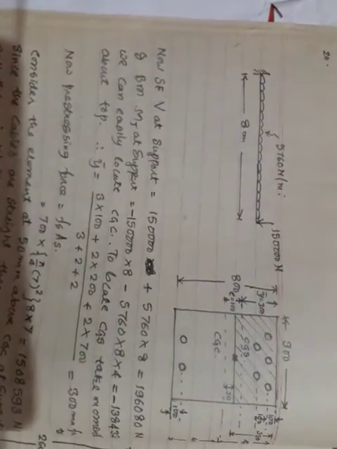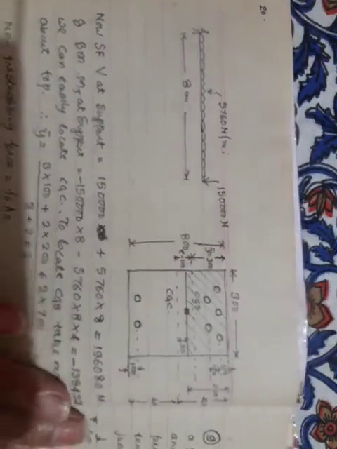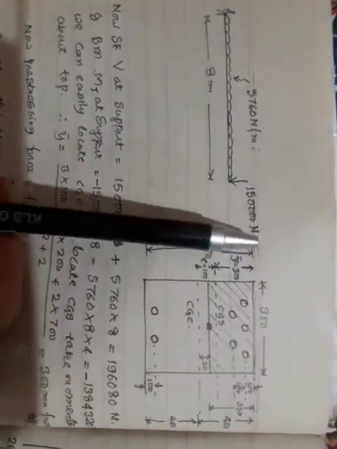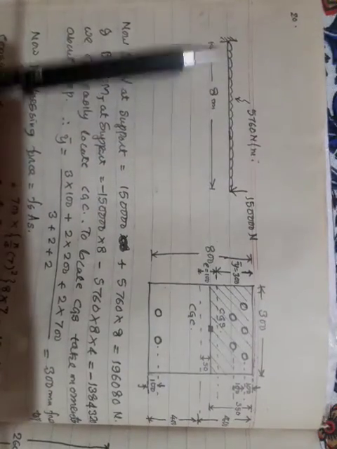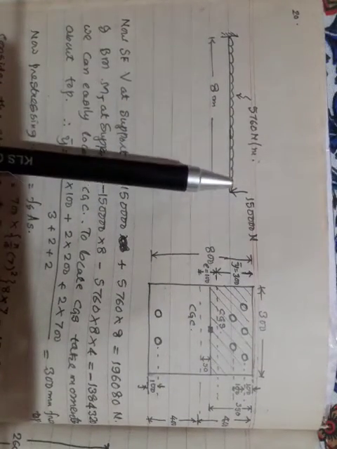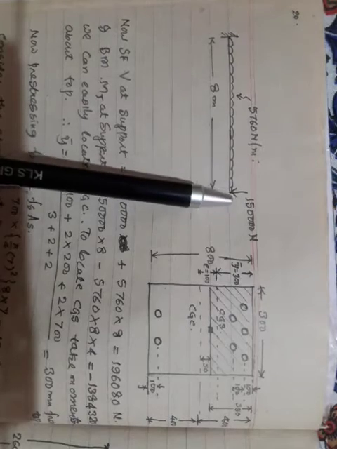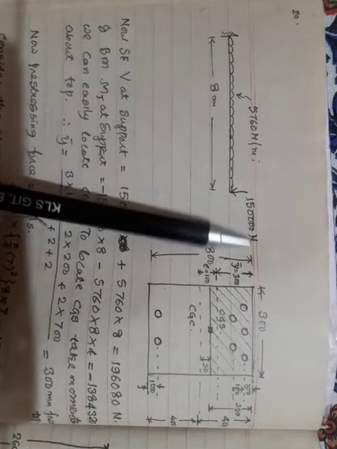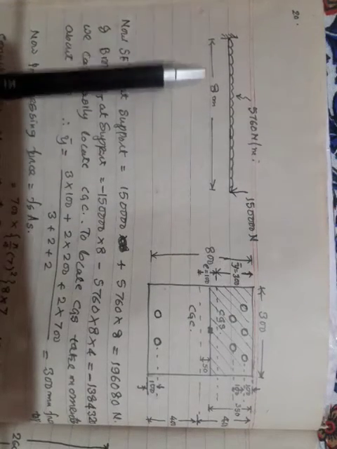Now we'll try to see what he has given in the problem. I will explain the problem. It's a cantilever beam, as you know. At the free end there is a point load of 1,50,000 Newton, and the span is 8 meter.